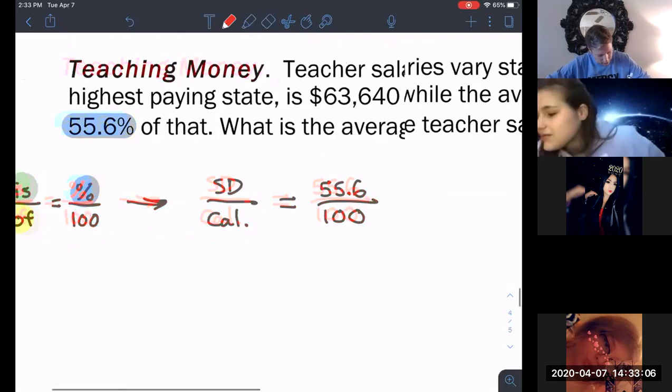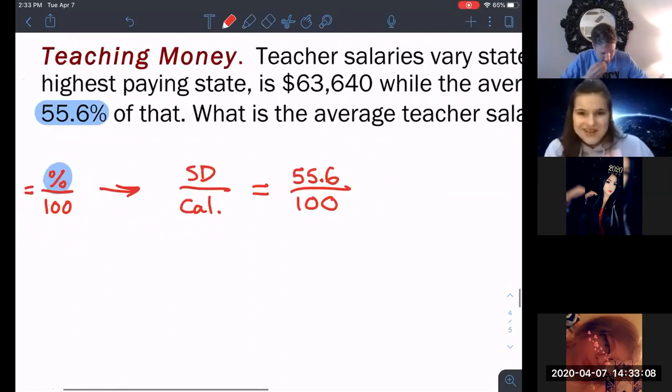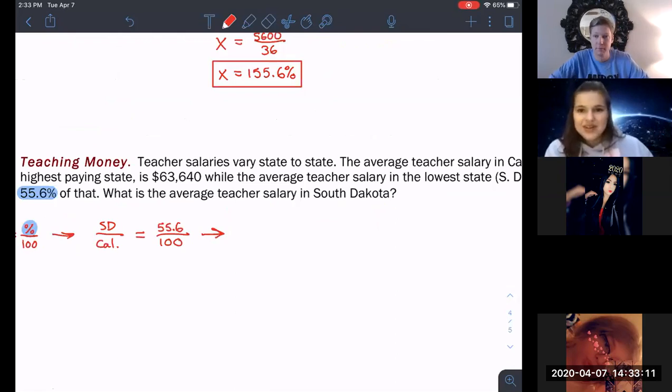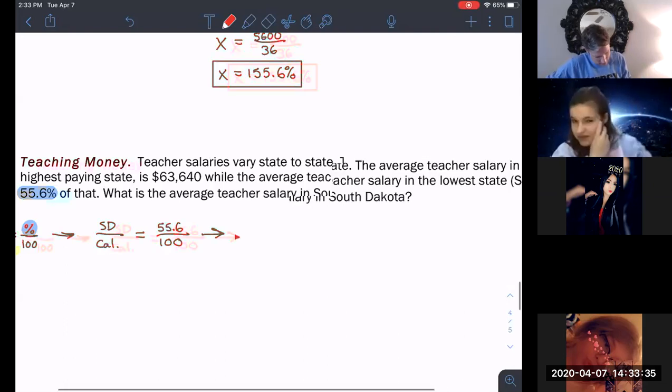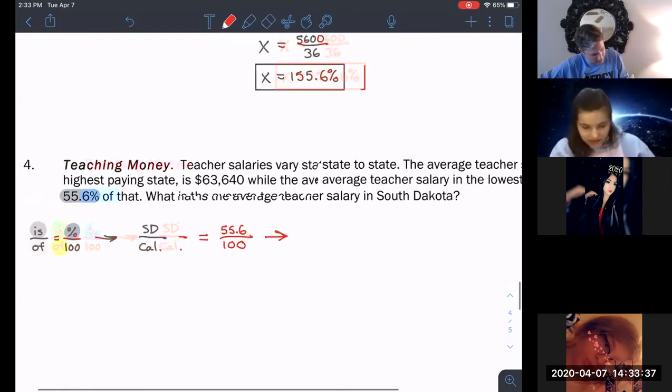Which one do we have and which one is going to be our variable? The average teacher salary. In which state? South Dakota is the one we don't know, right? So remember, here's the question: what is the average teacher salary in South Dakota?